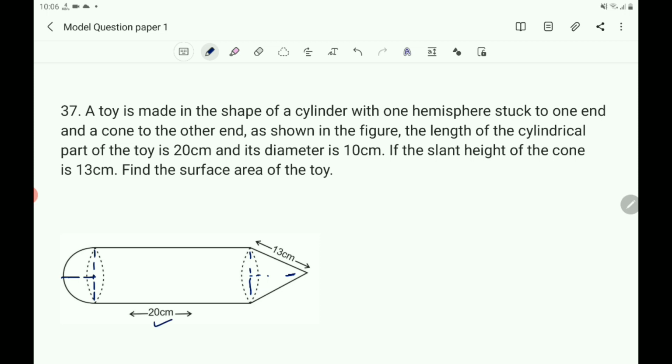Length of the cylindrical portion is given and the diameter of the toy is given and slant height of the conical portion is given. So you write the solution here. For conical portion, again R is same, R equals 10 by 2, 5 centimeter, and L equals 13 centimeter.